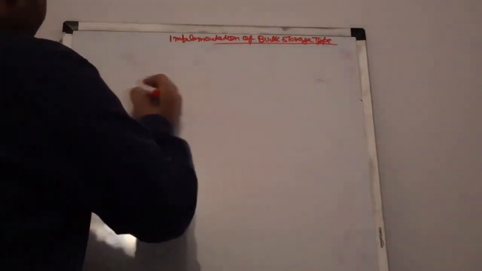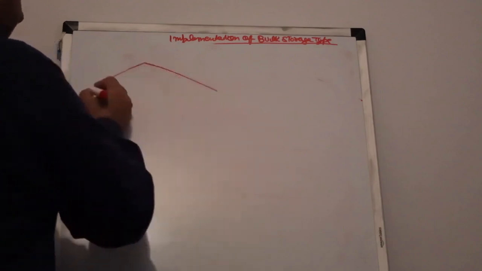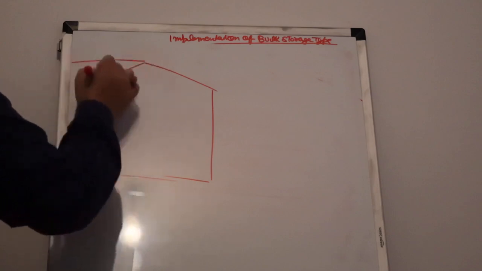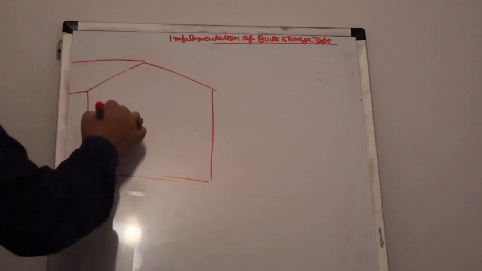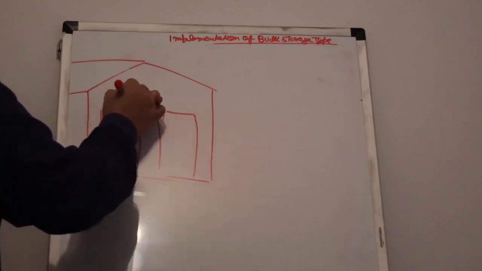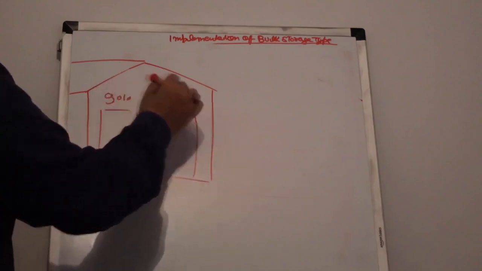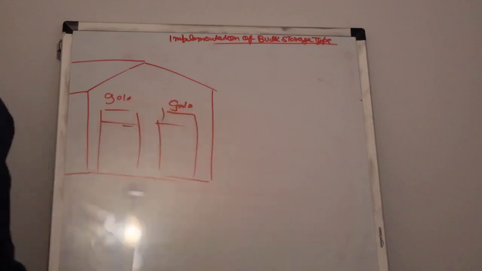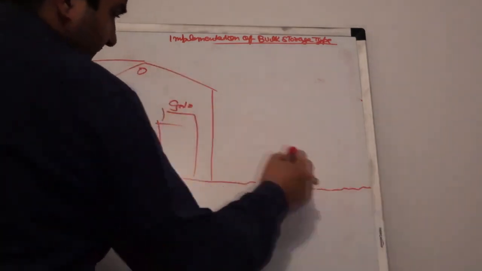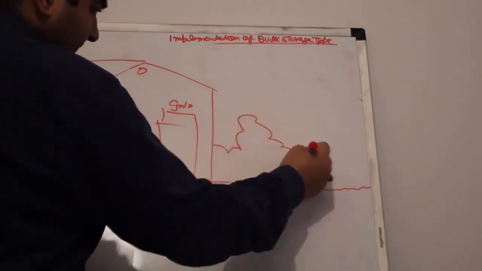Suppose this is your warehouse building, and these are the doors for the inbound process. Outside your warehouse, for example, this is the outside area.